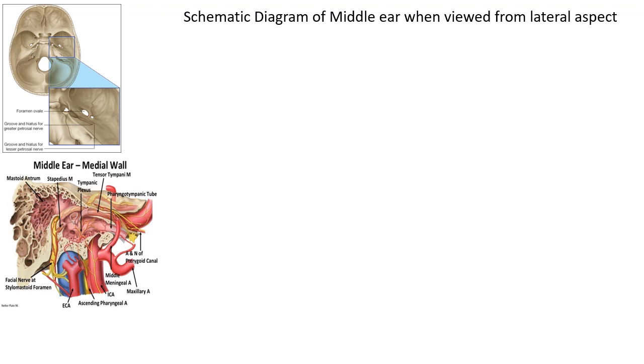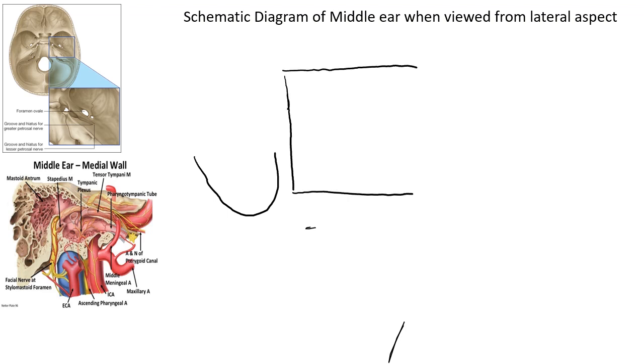So let's first form the mastoid process. Anterior to the mastoid process is this. Since it's a schematic diagram, I'm making a cube which represents the middle ear. So this is the cube-shaped middle ear which we have to depict its various walls. This would be the roof. This is the posterior wall.